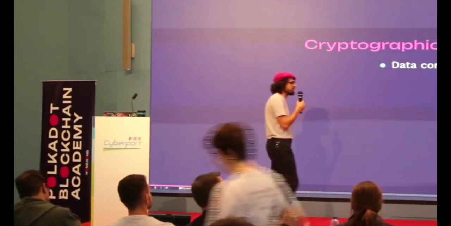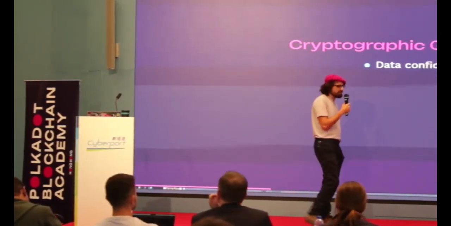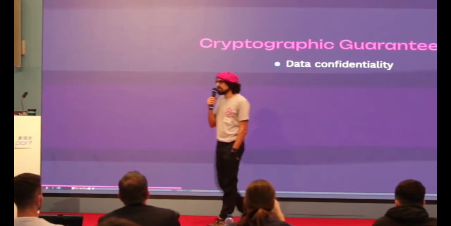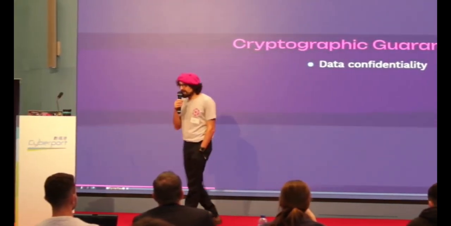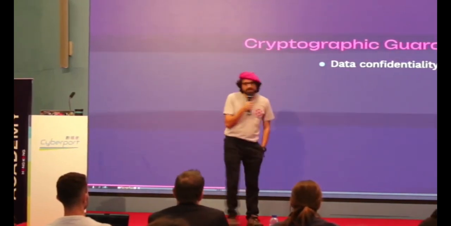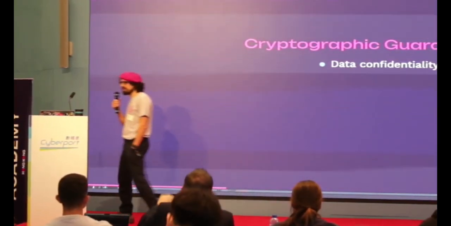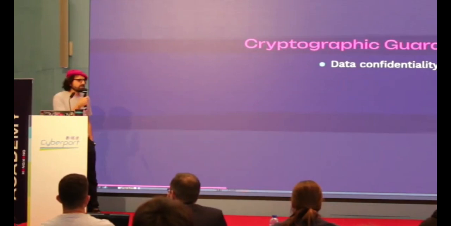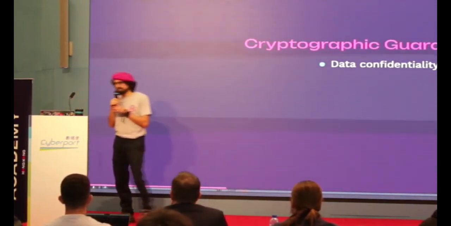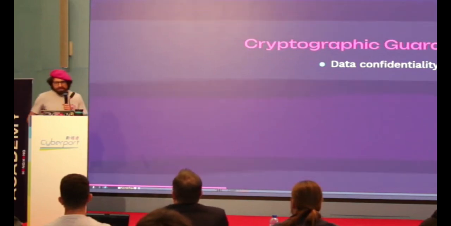That I have data, I send it to somebody else, or I leave it somewhere on the internet on storage, and I don't want anybody else to be able to read it. That's basic confidentiality. The only person who is intended should be able to read the data, and the people that I don't want to read it should not be able to do it.